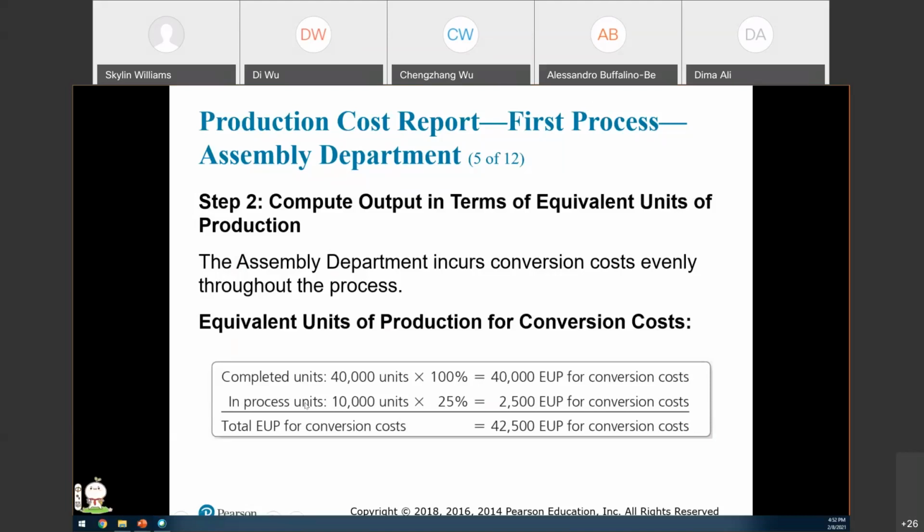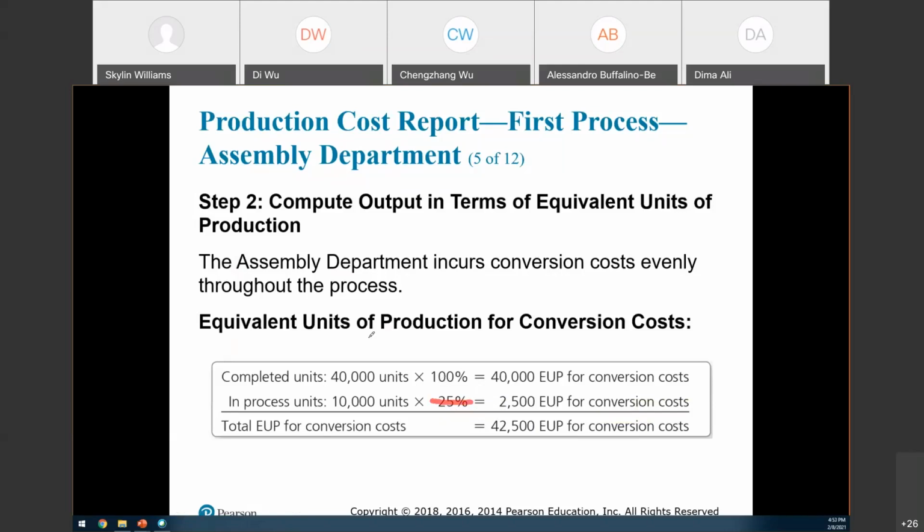But as I said, for the conversion cost, since they are evenly added in the production line, for the uncompleted units, we use 25% to calculate the EUPs.